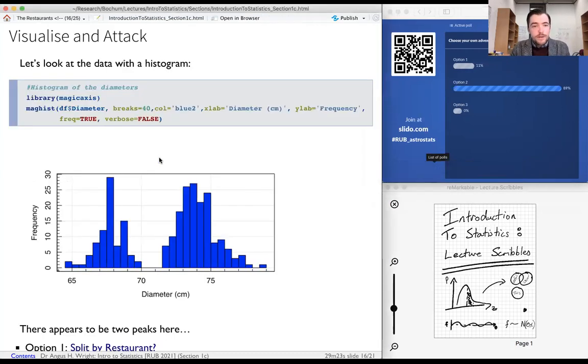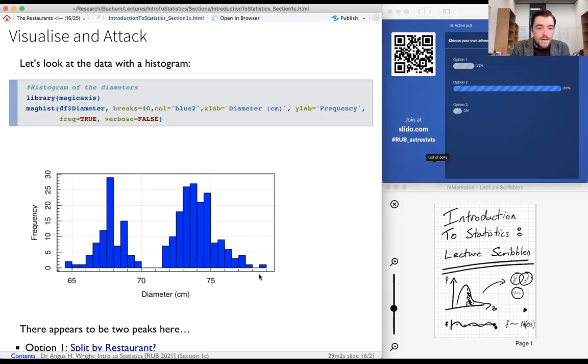And the first thing we're going to do, because remember, we're looking at diameters, is plot the diameters just as a histogram. And what do we learn? Well, the first thing that we learn is that the data is clearly very strongly bimodal. That is, there are 2 populations here.